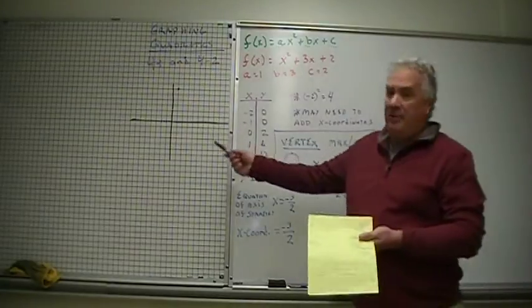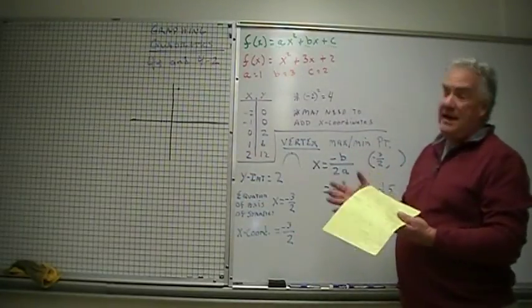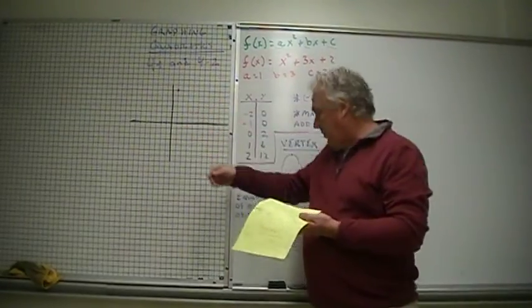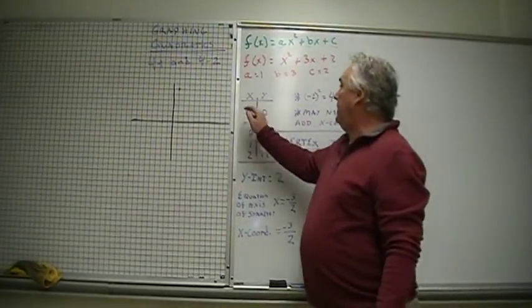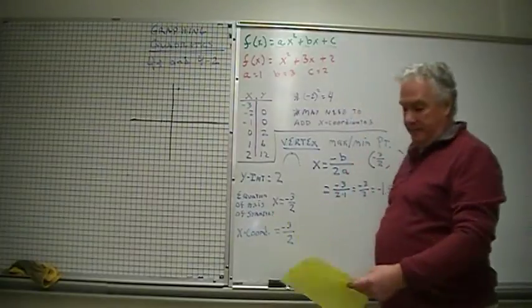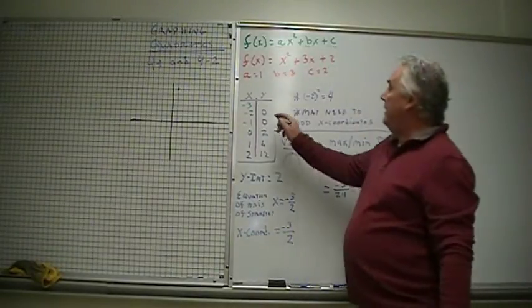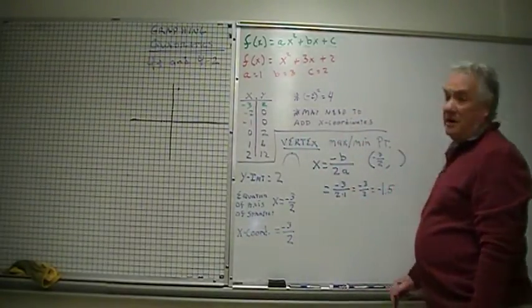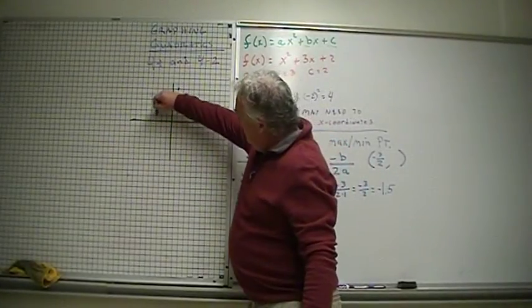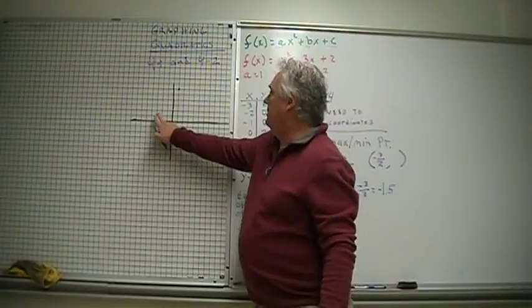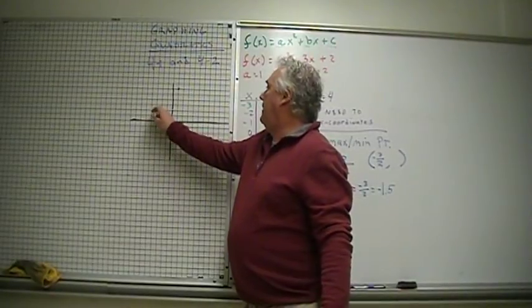If you can't visually see your parabola, then you've got to go back in and maybe do something like this. Do -3. And when you do -3, your result will be a +2. So 1, 2, 3. 1, 2, right there.